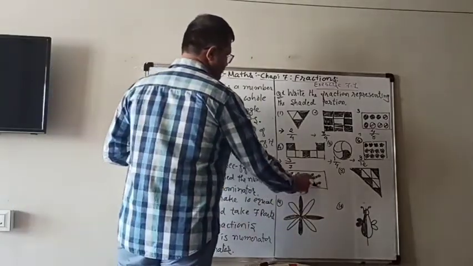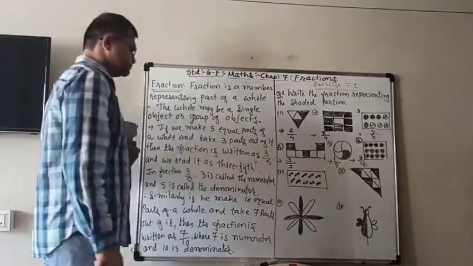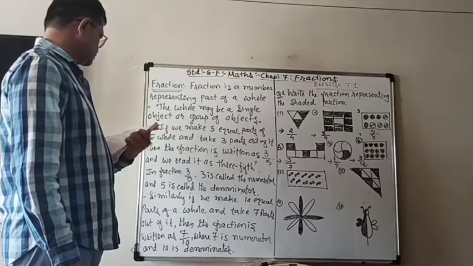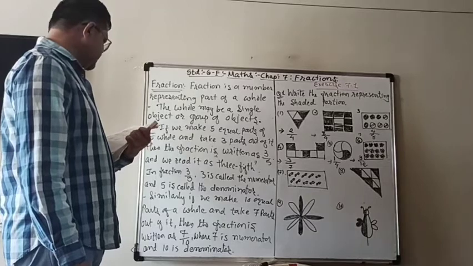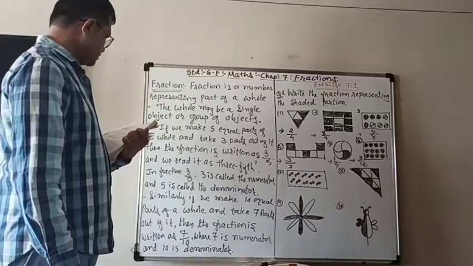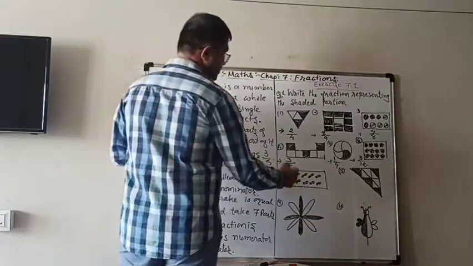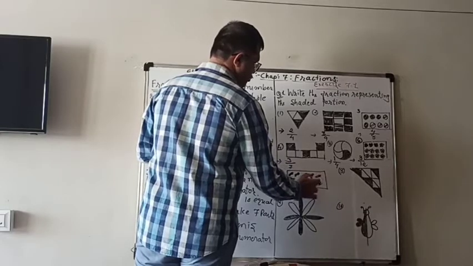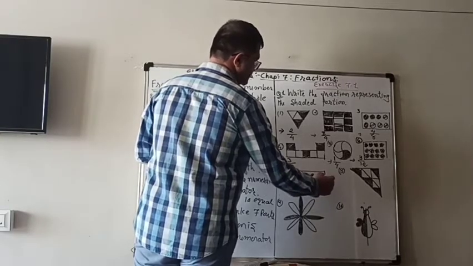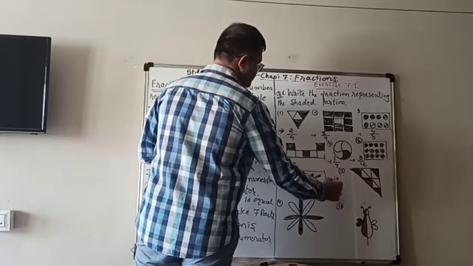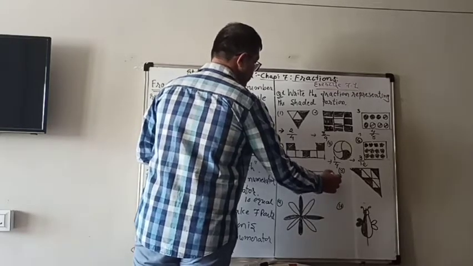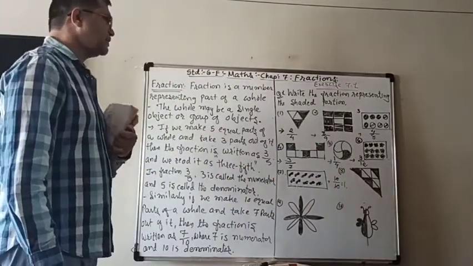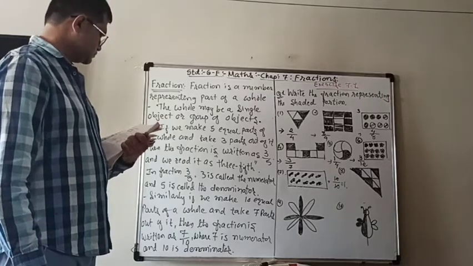Then here some pens are there, and they are all the same, and all of them are shaded. So out of 10, all the 10 are shaded. So we will write 10 out of 10, or you can write 1 also if you simplify. So all the 10 are shaded.